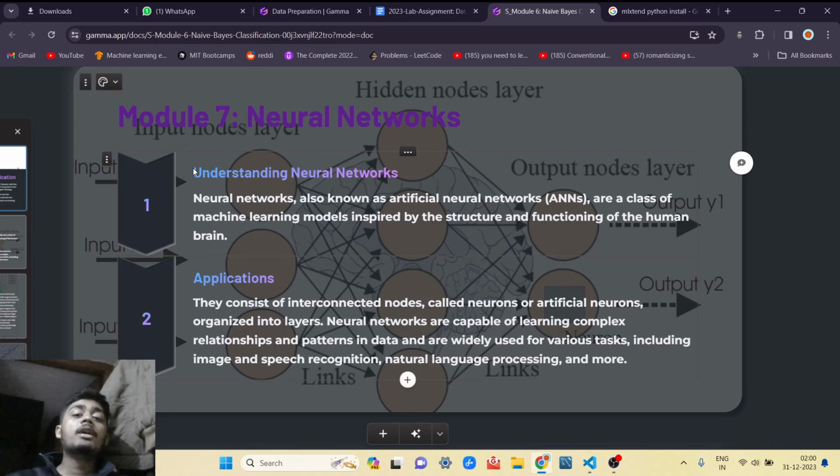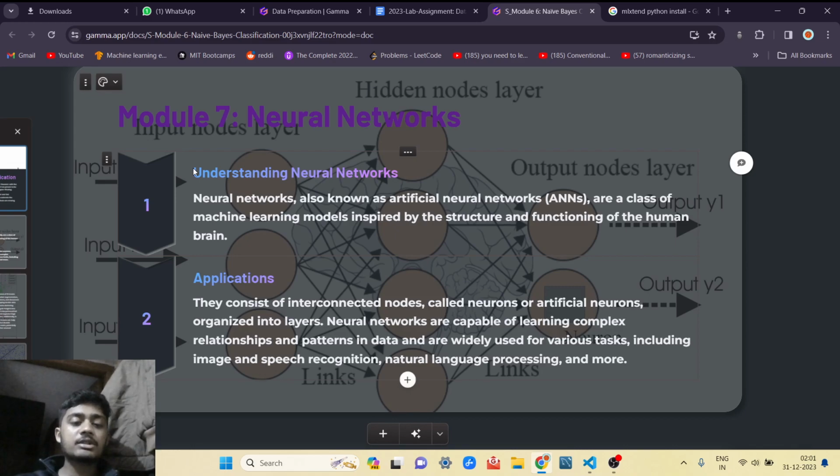Like in the human brain, neural networks are present in the form of neurons. Machine learning is adapting this in its applications so that it can function properly like a human brain.